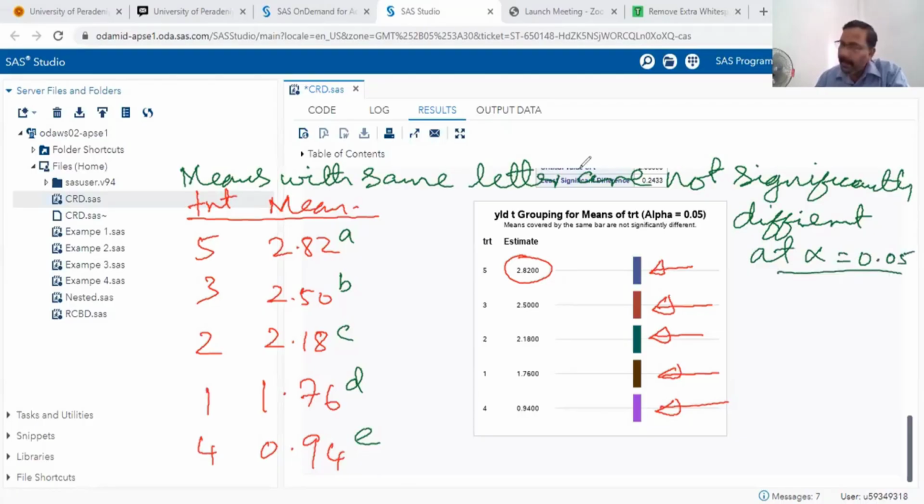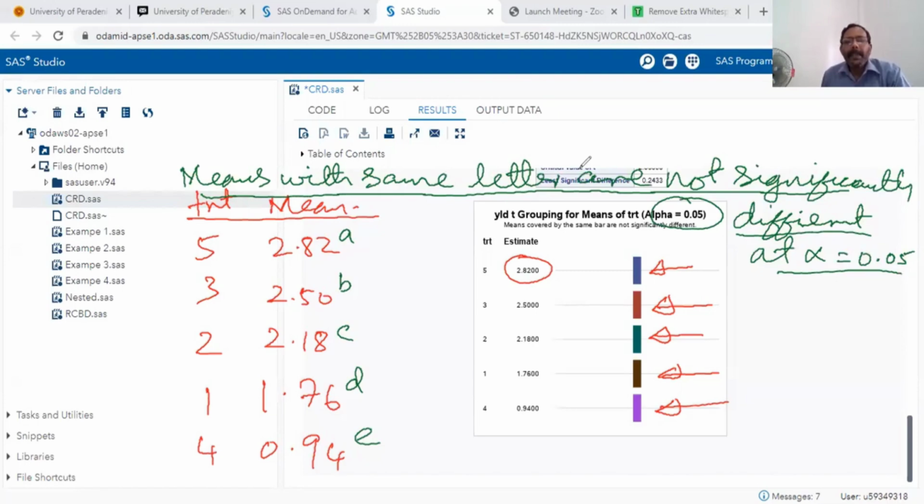In this case, alpha is 0.05. In the table the alpha is 0.05, and here it's also given. So write this down very carefully. Means with the same letters are not significantly different.